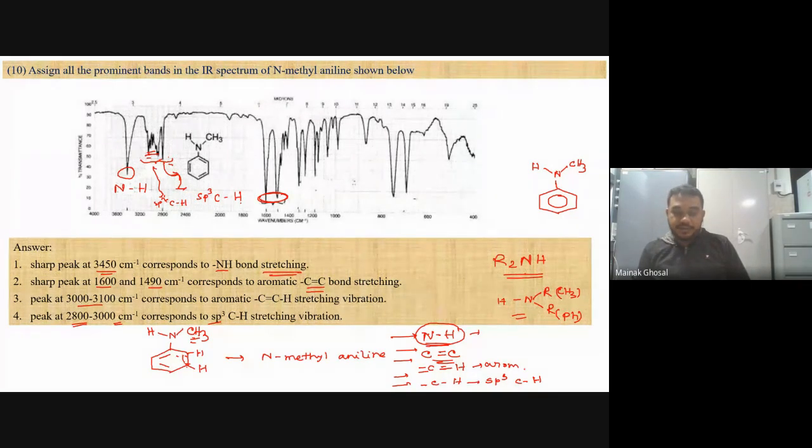Now in IR, you first give all the light to your sample. Some groups will absorb one wavelength of light, some will absorb another. If you don't use any monochromator while recording your spectrum, all the light will come again, and there will be a mess.